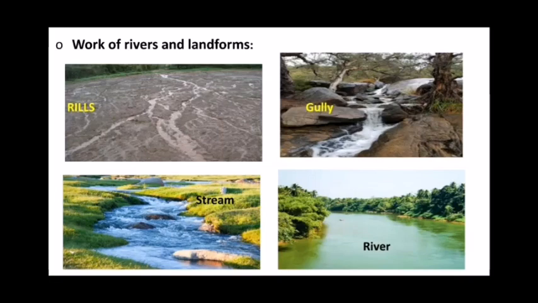This is called transportational work. And depositional work means after the sediments like sand, soil, minerals, and many other sediments are eroded and transported, they stop in one place, which forms a landform. This stopping is called deposition.